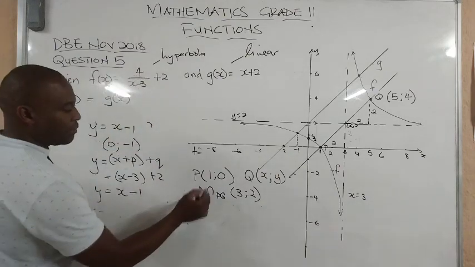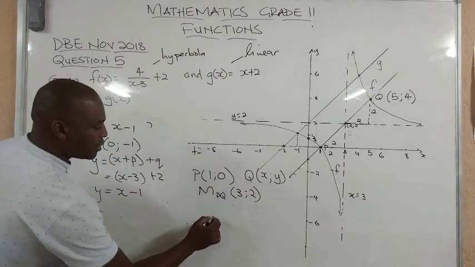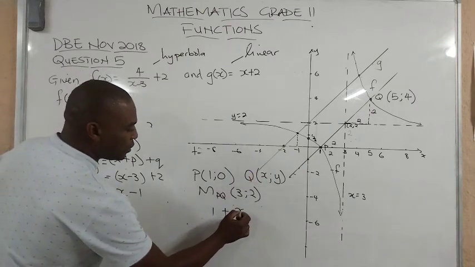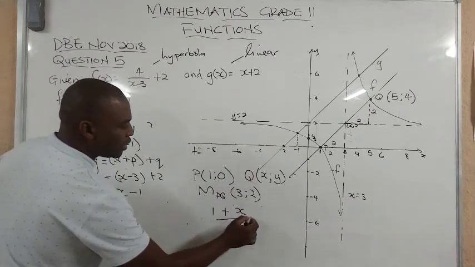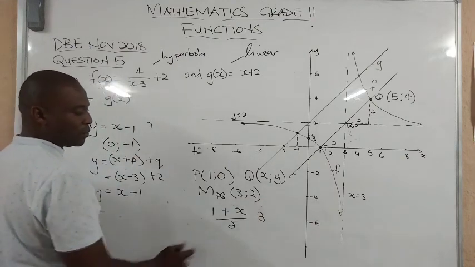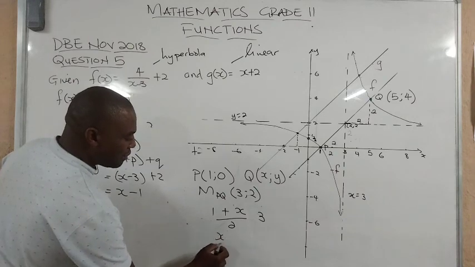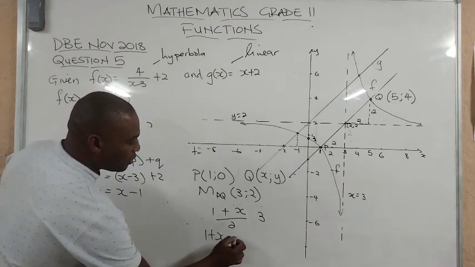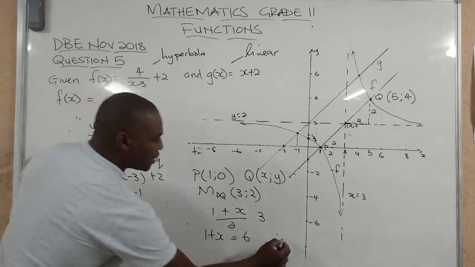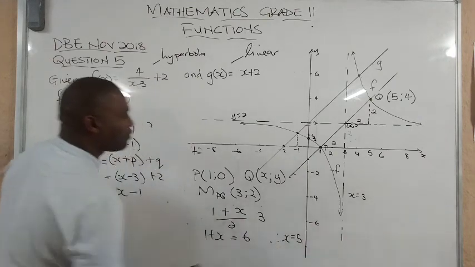So we can say x at P plus x at Q divided by 2 should give us 3. So we multiply both sides by 2. So we are saying 1 plus x will give us 6. Therefore, x will be equal to 5.